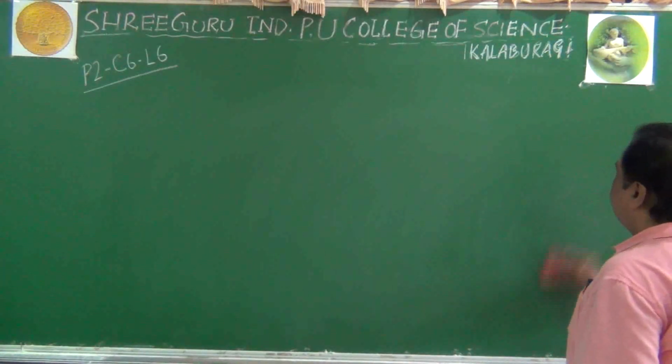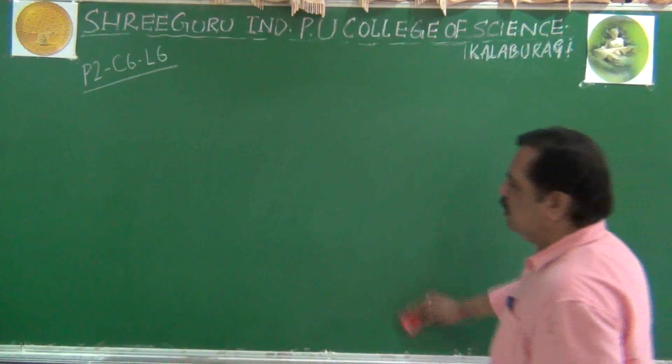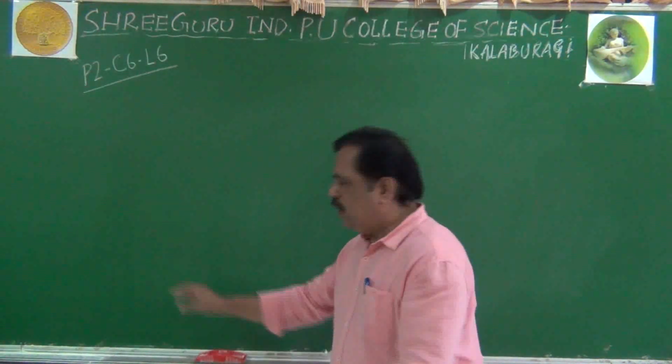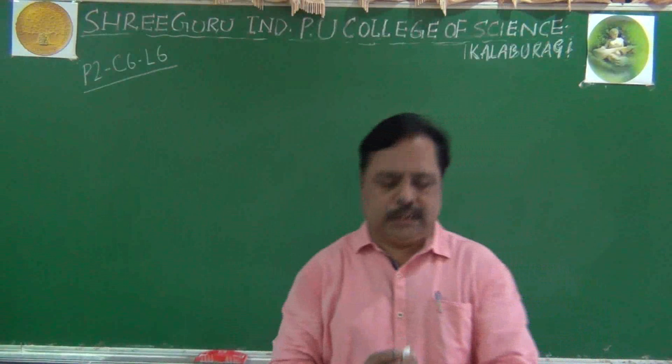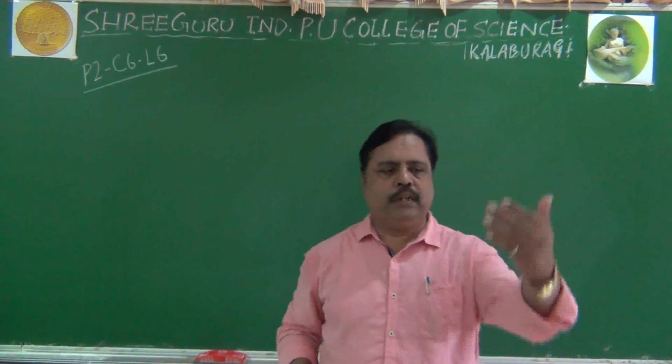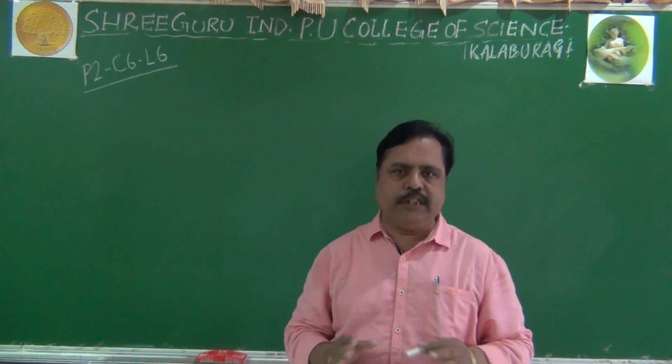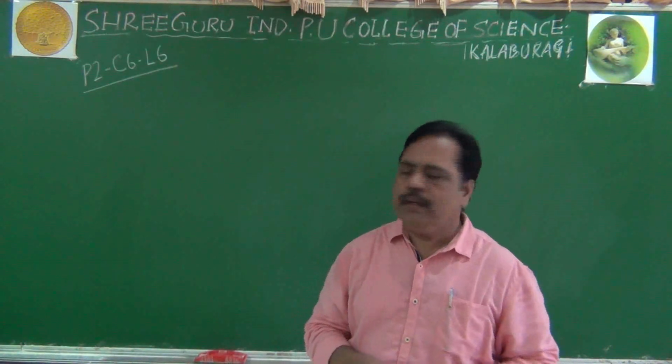Central dogma of life is many times asked in the board exam. In a 2-mark question also it can be asked, sometimes in a 3-mark question, where you have to write definitions and all. Okay.